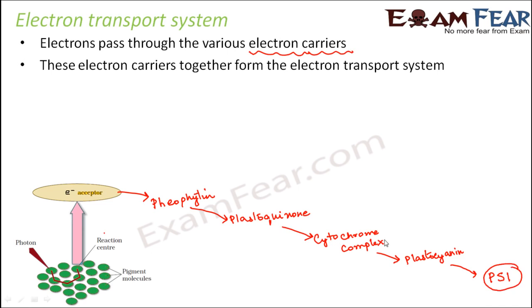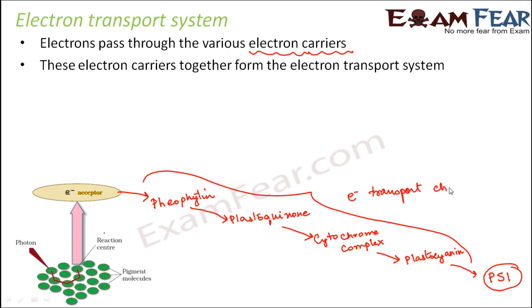Now all these molecules are protein structures and all of them act as electron carriers. So nowhere are electrons absorbed by these molecules. All these electron carriers together form the electron transport system or the electron transport chain, whatever you call it. So this is the entire electron transport chain.